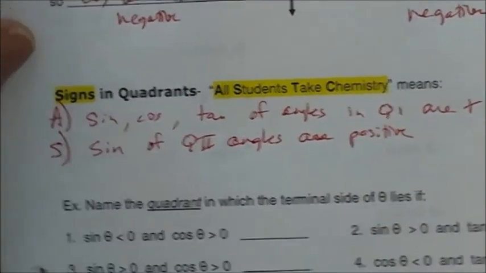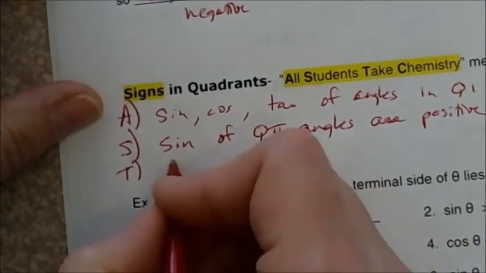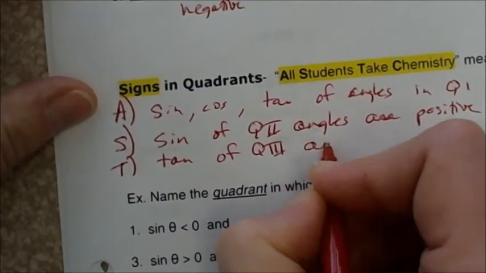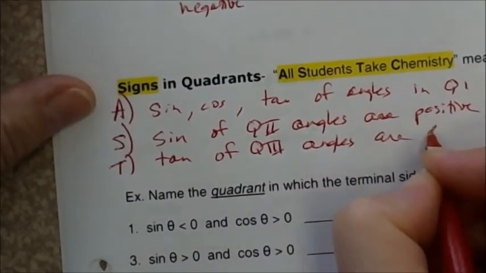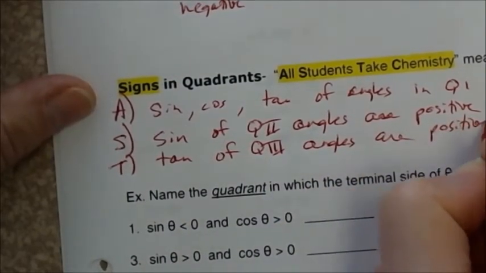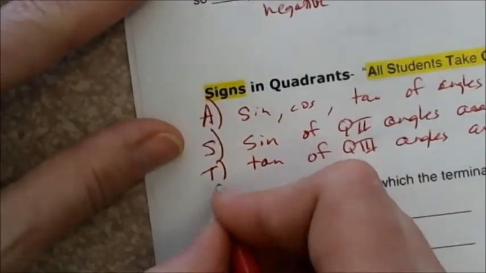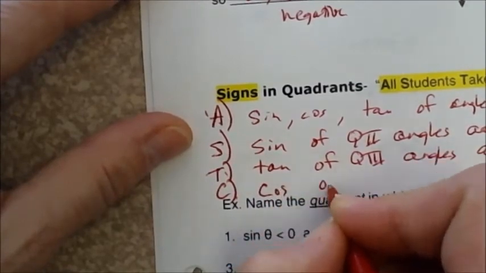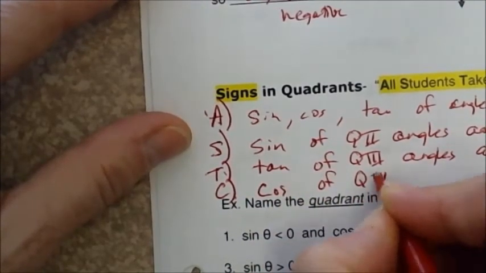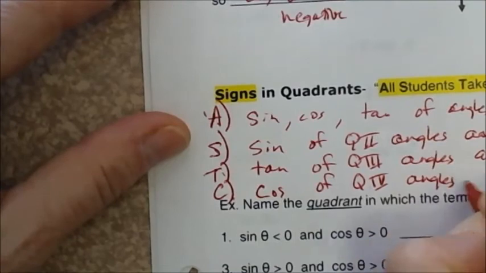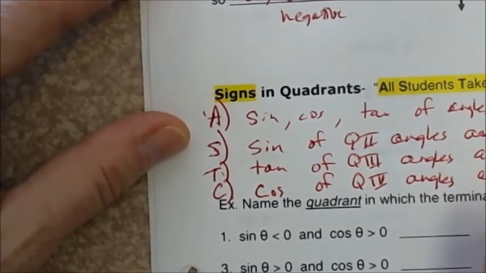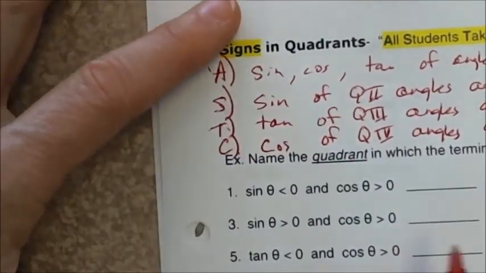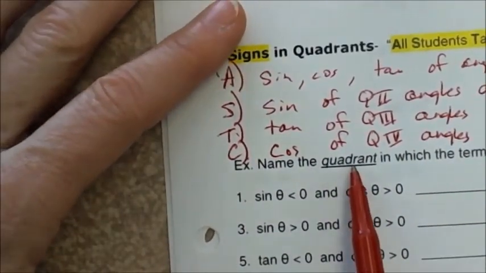T, tangent. Tangent of quadrant 3 angles are positive. C, cosine of quadrant 4 angles are positive. Everything else is negative.